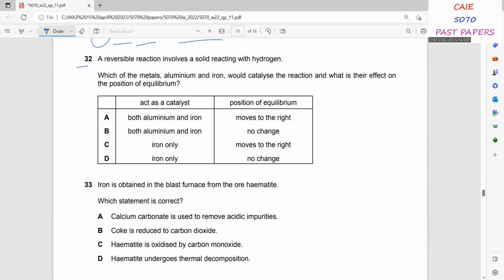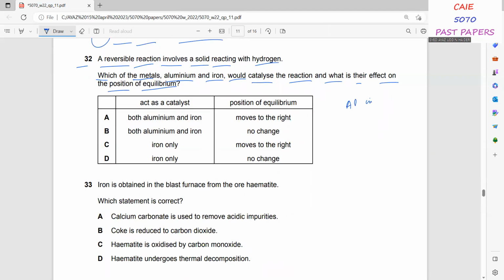32. A reversible reaction involves a solid reacting with hydrogen. We are reacting any solid with hydrogen. Which of the metals, aluminium and iron, would catalyze the reaction and what is their effect on the position of equilibrium? First of all, you see the position of both of these metals in the periodic table.